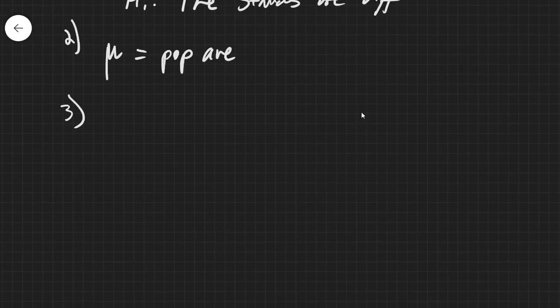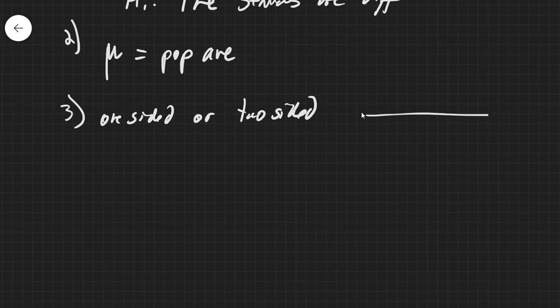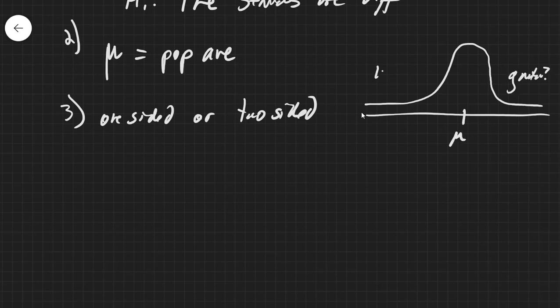Number 3 is one-sided or two-sided. And here we ask the question, do we care if something is greater than or less than? If you want to do a quick normal distribution here to check it out, you probably can. And we want to see that mu is here. Do we care that it is greater than or less than?